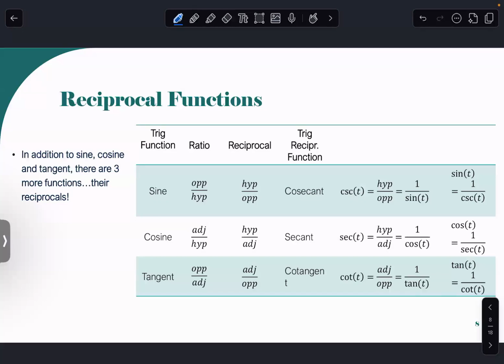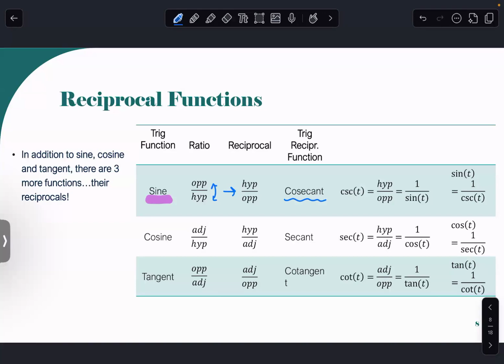Now, in addition to these functions, sine, cosine, and tangent, there are 3 more functions, and these are just their reciprocals. I tried to write this out so you could see it laid out all at once. Let's say we're looking at sine. Sine is opposite over hypotenuse. If I look at the reciprocal, all I do is flip these, and I'm left with hypotenuse over opposite. The reciprocal of sine is called cosecant.